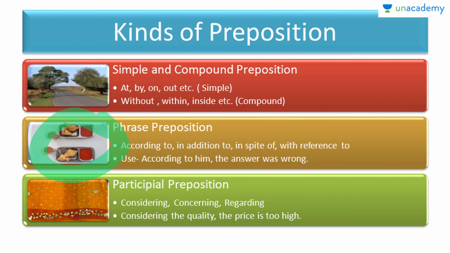So in addition to it establishes the relation between what you have in addition to samosas. Between samosa and sauce there is a relation, and that relation is established using this phrasal preposition, in addition to. And if we talk about this picture, we can find a simple demarcation: the road is in between the trees.